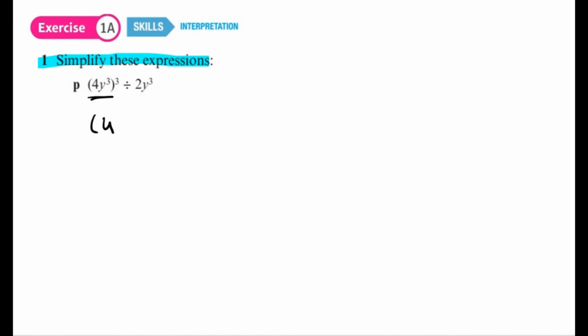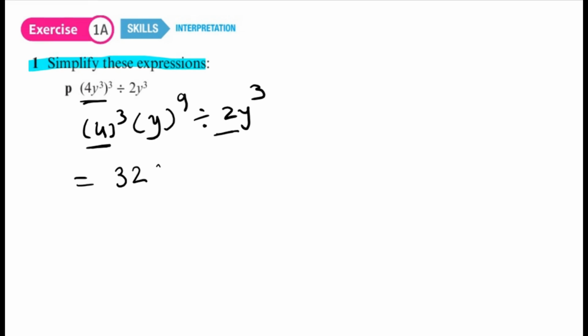So, 4 power 3, y power 3 times 3, which gives me 9, divided by 2y cubed. 4 cubed divided by 2, simplify it by using a calculator, will give us 32, y power 9 minus 3. Because of the division, we have to subtract the powers. So 32y power 6. This is our final answer.